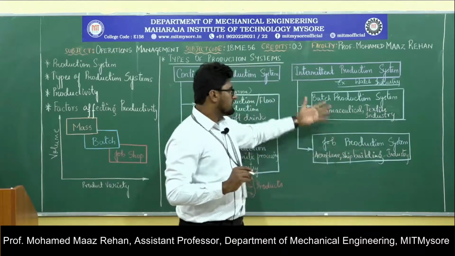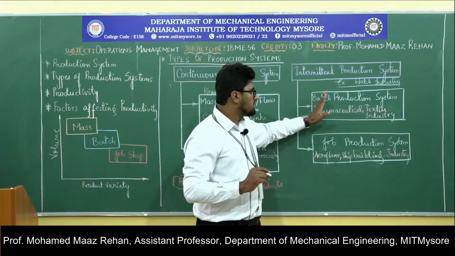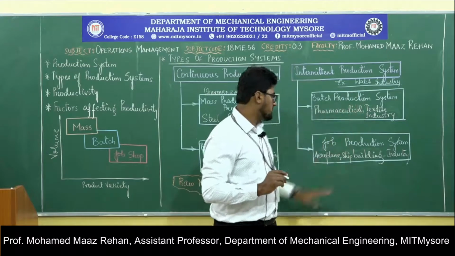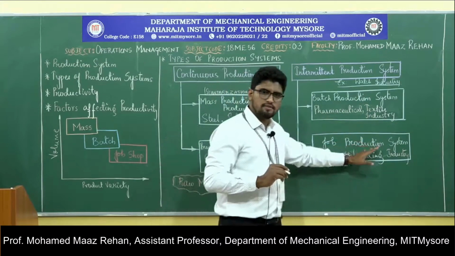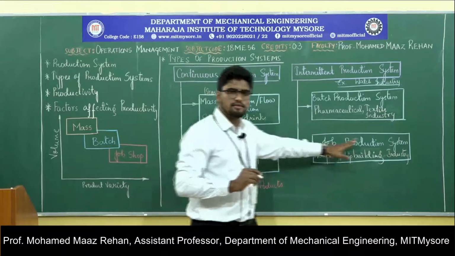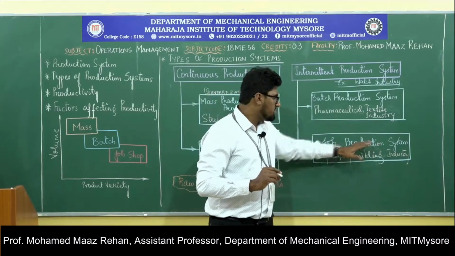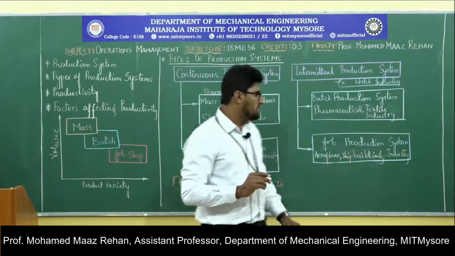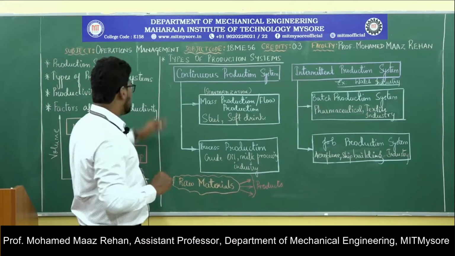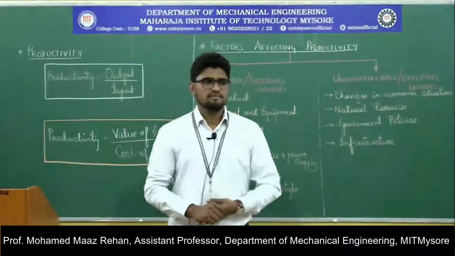In batch production, production happens in batches or in lot size. In job shop production system, the volume is very less, and it is based on customer orders. That is the different types of production system. I hope the concept is very clear to you.